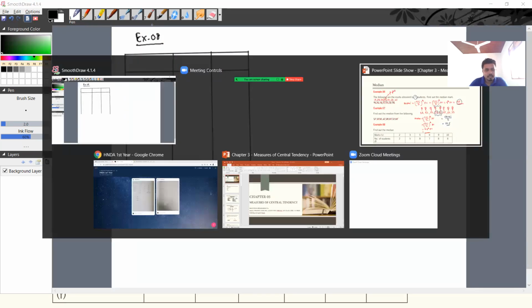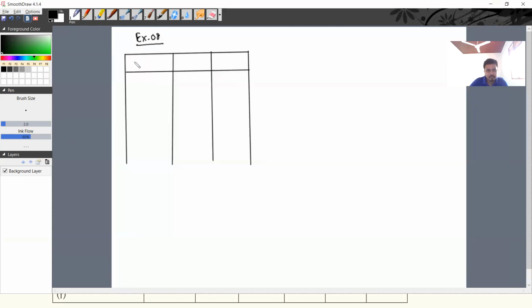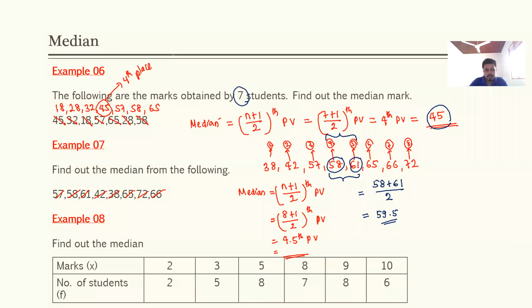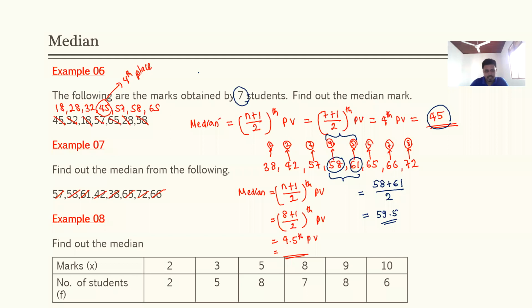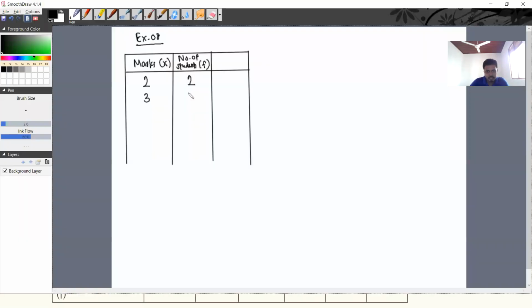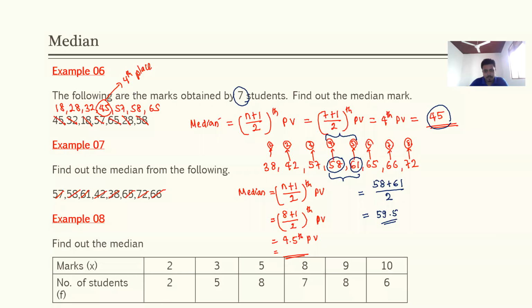Right. The variable is marks. This is our x, and the other one is number of students. This is our what? Frequency column. Two students here. ලකුණු 3 ගානේ ගත්ත ළමයි 5 දෙනා.